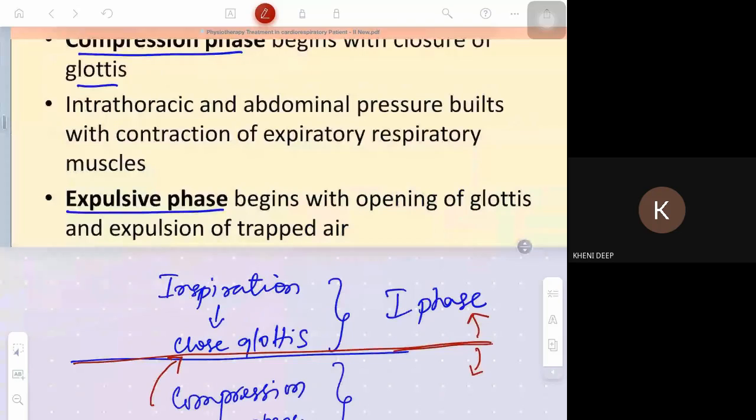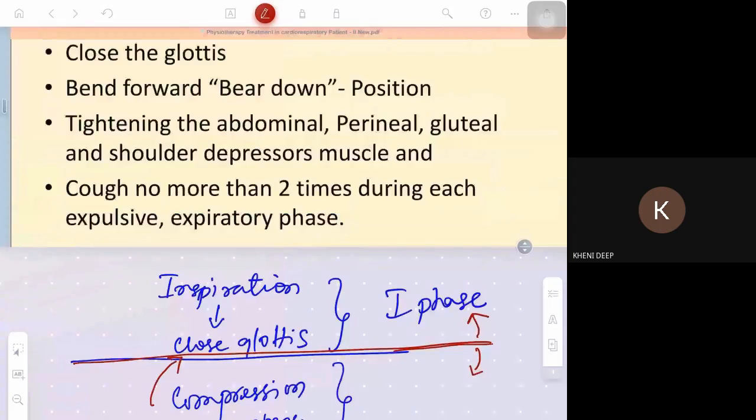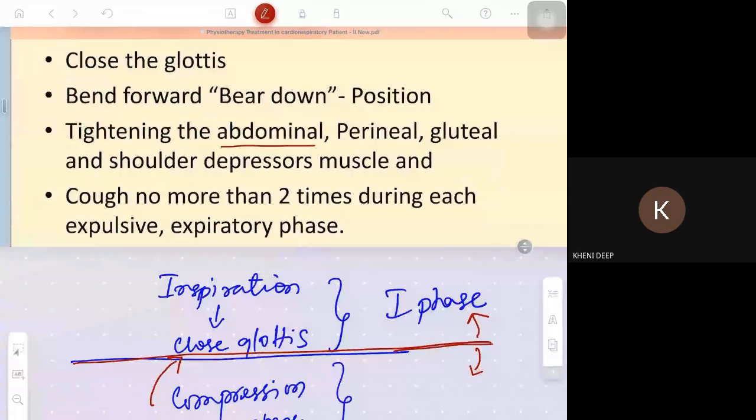So now next, what are you doing? What is the next phase we have discussed here? Tightening the abdominal, perineal, gluteal, shoulder depressor muscles. All these muscles have to be contracted. The patient will try to contract these muscles. Clear?